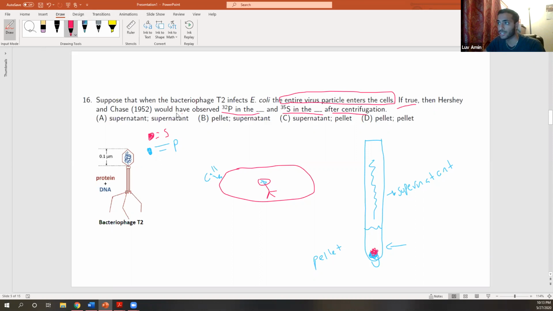Hershey-Chase would have observed phosphorus in the pellet, because the DNA went in the cell, and would have observed sulfur in the pellet as well, because the whole protein went in the cell too, right? So I would say answer D is your correct choice in this case. These are probably very common questions on an exam because it just requires understanding of the material and really tests your knowledge of it.